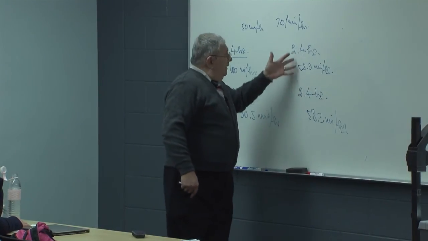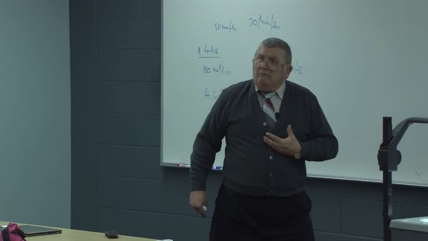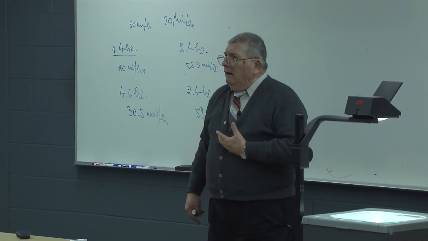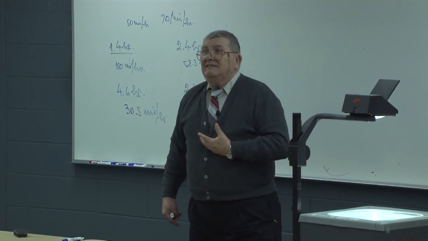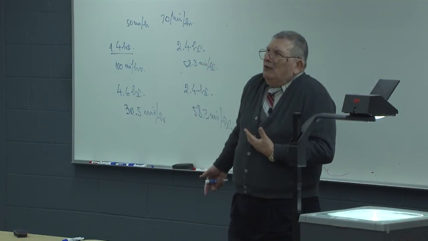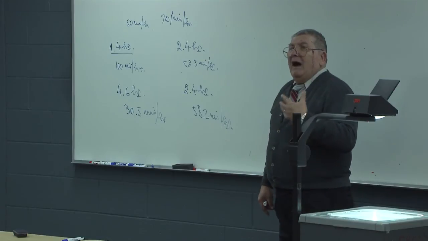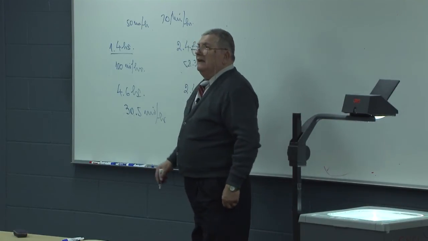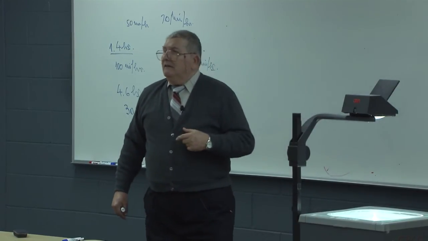So the car with a smaller time has a smaller average speed, which is not normal. So using the average of the two speeds is not the right way to do it.